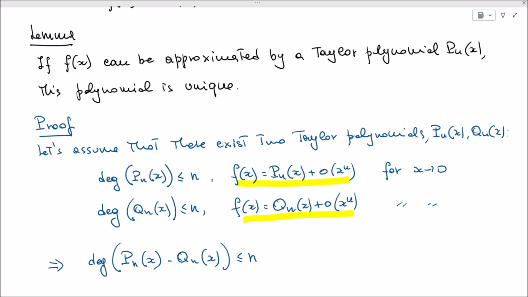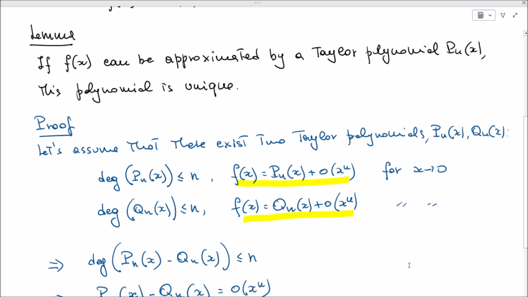This must be, of course, right? Because there will be nowhere any powers of x larger than n. So the difference clearly will contain only powers of x less than or equal to n. But we can also say that Pn of x minus Qn of x will be little o of x to the n, and this can be easily seen by just looking at the properties of little o of x to the n.